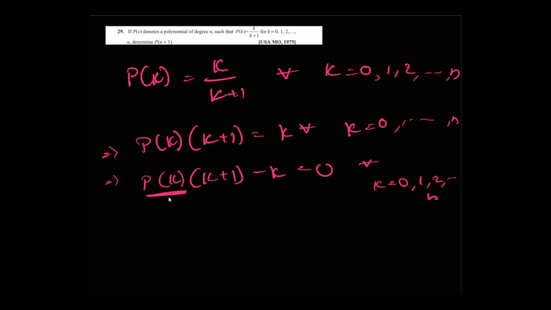We know that this is a polynomial of degree n and this is 1. So if we take this whole as another function f of x, then the roots of f of x will be 0, 1, 2, and so on n.